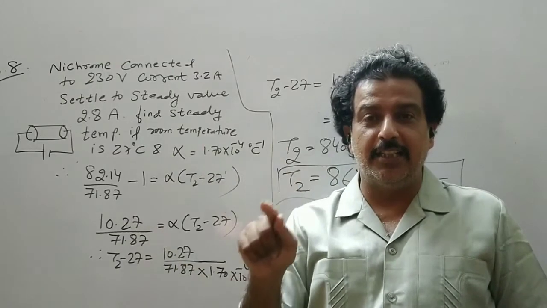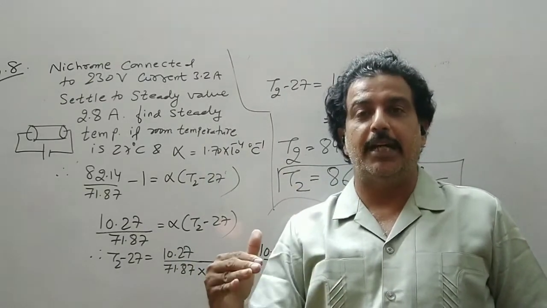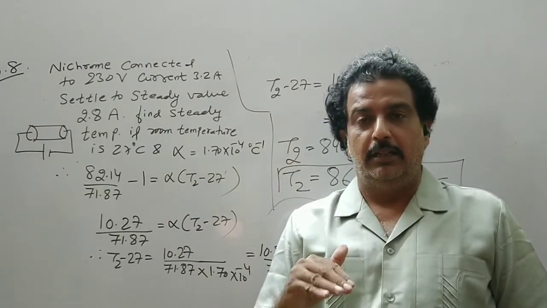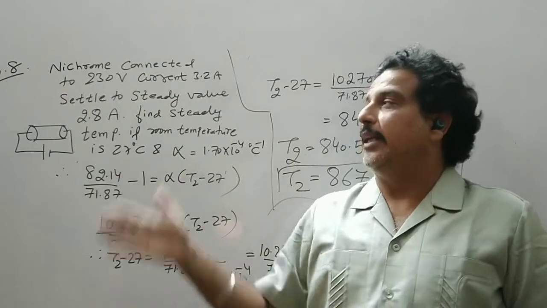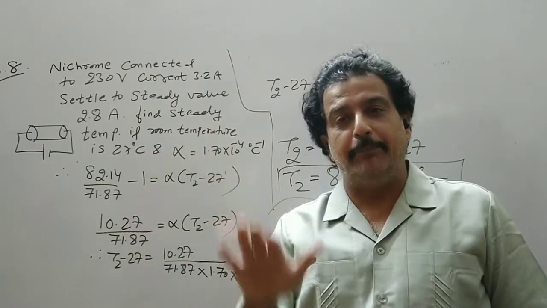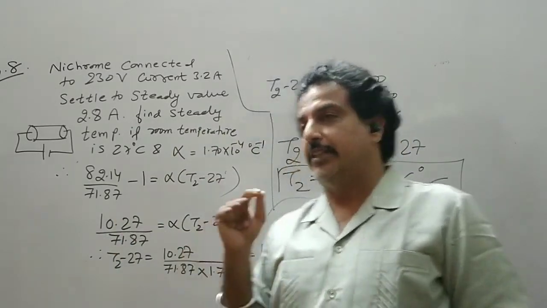As resistance increases, the current starts decreasing, and after some time the current becomes steady, then the resistance becomes steady, and the temperature, all three physical quantities become steady after some time.